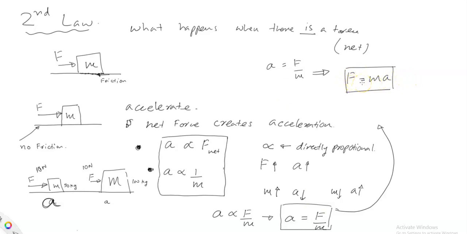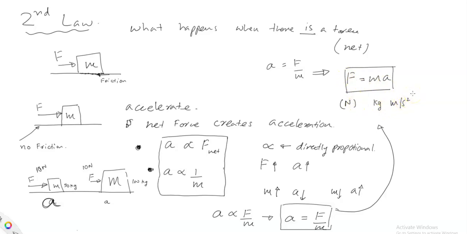If you think about the units, force is in newtons, mass is in kilograms, acceleration is in meters per second squared. We have to measure mass in kilograms, acceleration in meters per second squared, and the answer, force, comes in newtons.